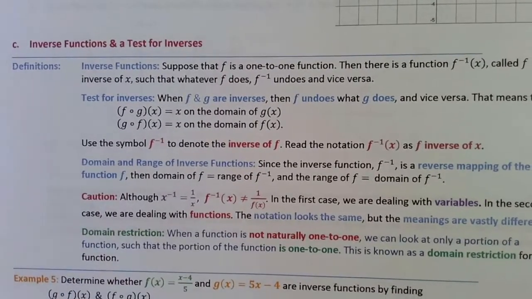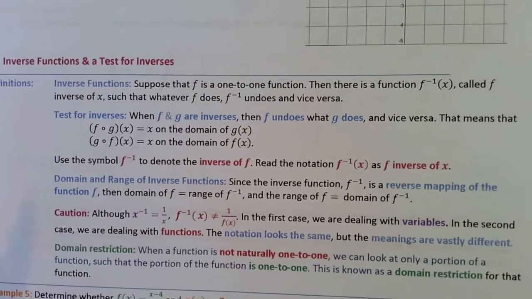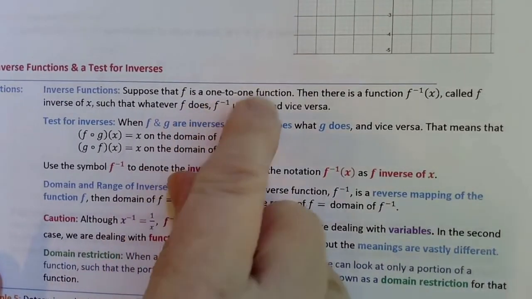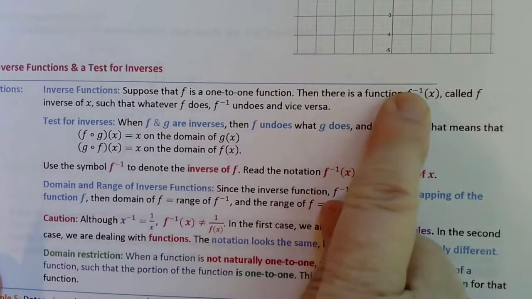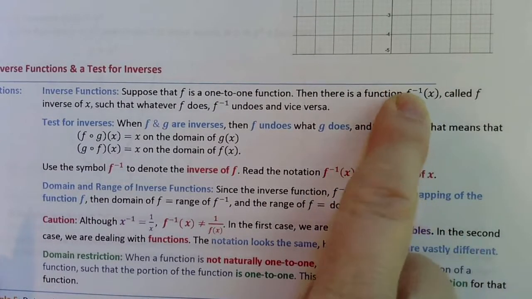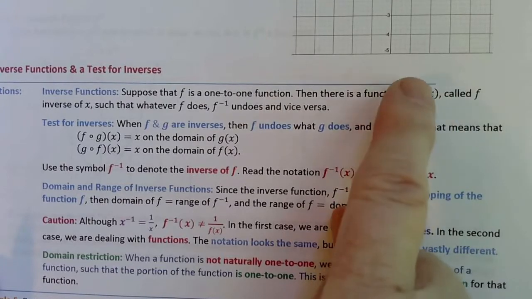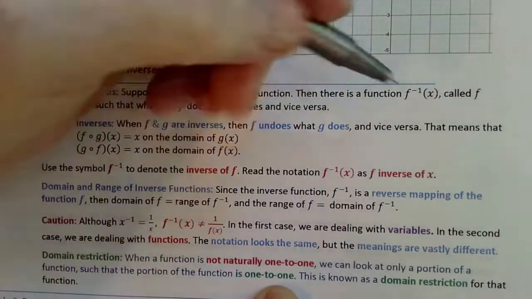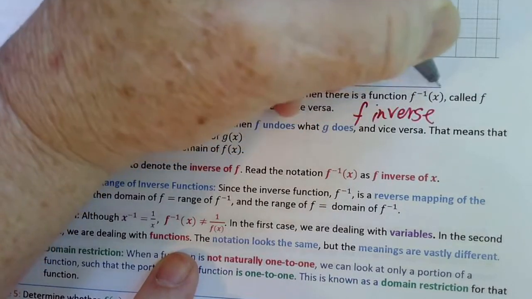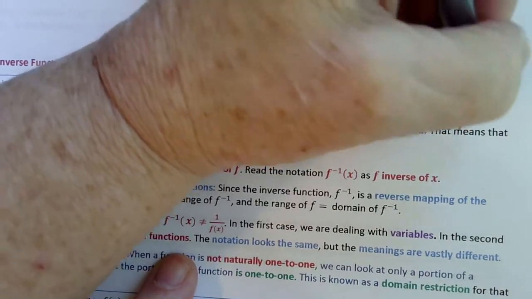Inverse functions and a test for inverses. When a function is 1-to-1, then there's another function which has this weird exponent, this negative 1 exponent, and we read this f inverse of x. That negative 1 exponent is read inverse, and then the parentheses is of x.